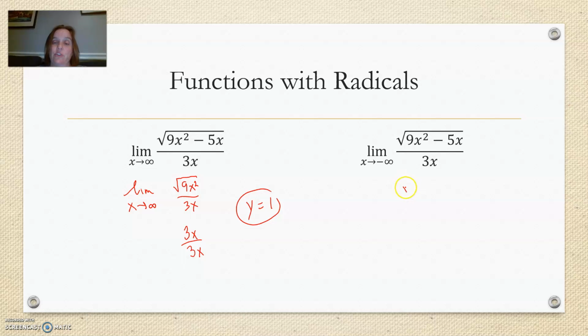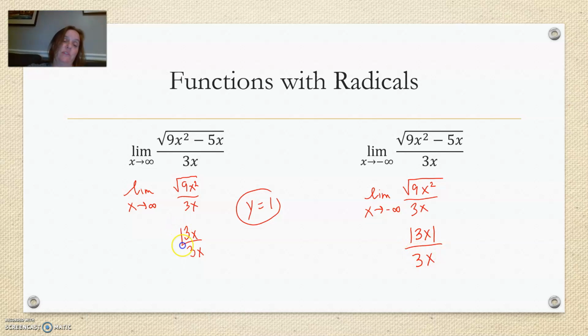In the negative direction, when I look at the square root of 9x squared over 3x, I square x squared, and then I take the square root. I'm going to get a positive number, positive 3 times the magnitude of x, but x was negative originally, so this would actually be the absolute value of 3x.